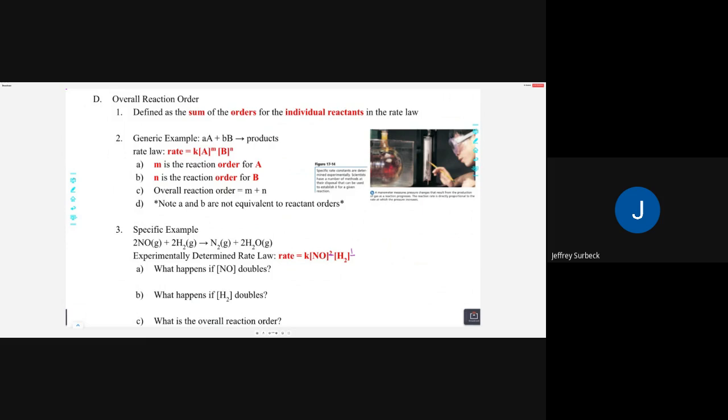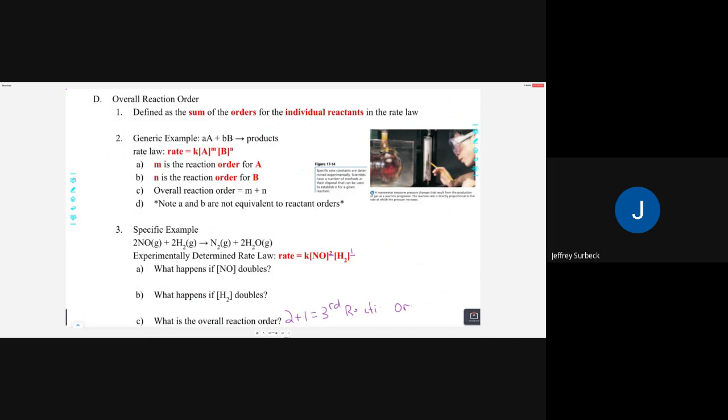And so to find that overall reactant order, we just add those powers together. So in this one, the overall reactant order is 2 plus 1. And so, again, overall reaction order, we call this a third reaction order. Okay, so this would be 2 plus 1, which is a third reaction or overall order.